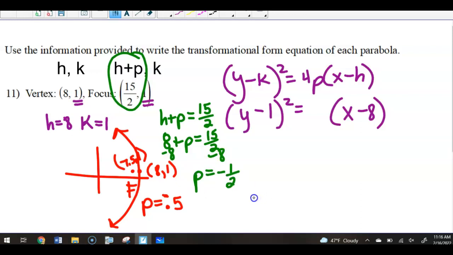Okay? So I did it conceptually, I did it algebraically, and the last thing we have to do is plug it back in here. If this is a -1/2 times 4, we end up with a -2 right there, and we're done.